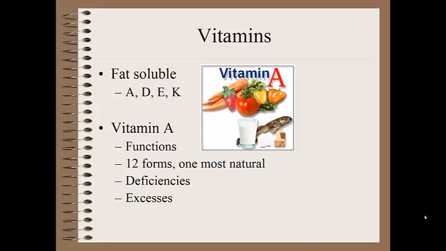If you have a deficiency of vitamin A, you can have poor eyesight. It can lead to anorexia, which is not eating. You can have poor growth, which is a direct side effect of not being able to remodel those bones. You can have hyperkeratinization, which is where your skin can turn orange.